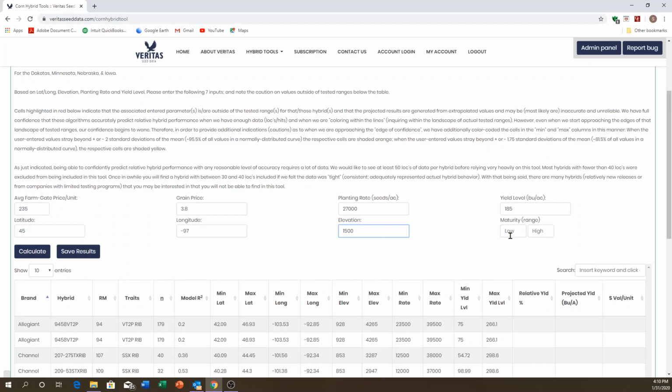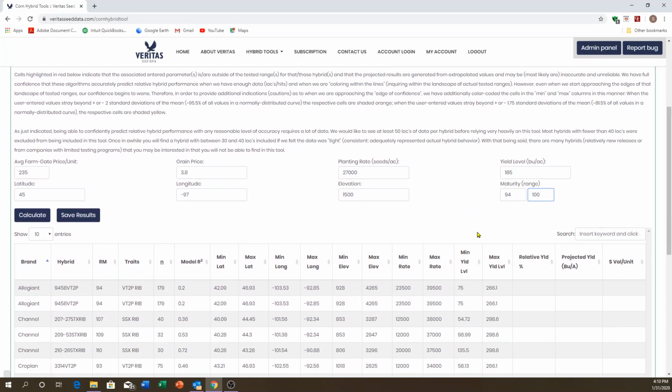Then, of course, we're looking at trying to restrict things by a fairly narrow maturity range. So I will look at 94 to 100-day hybrids. And with that criteria, that should be a fairly unique combination of these 5 factors that is unique to you.